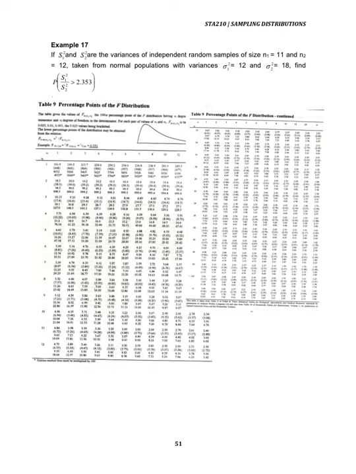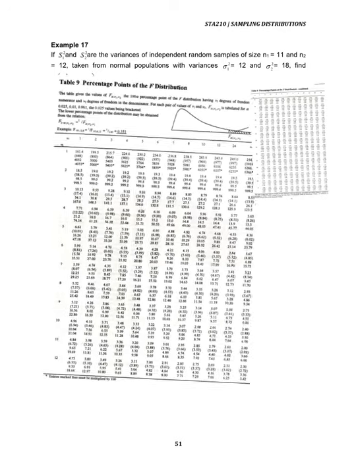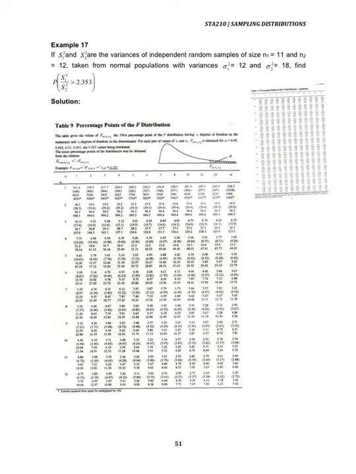Dia macam ni. Value dia ada 4. Ni ada 4. Semua ada 4. Okay, yang mana value yang mula-mula adalah, this one adalah untuk alpha 0.05. Value yang kedua yang dalam bracket adalah untuk 0.025.